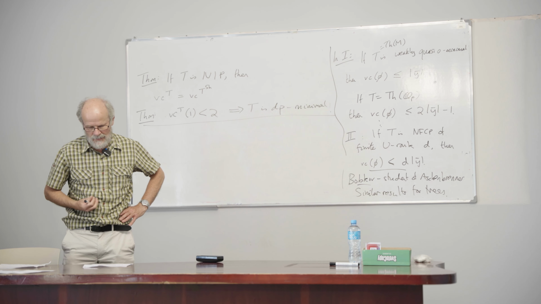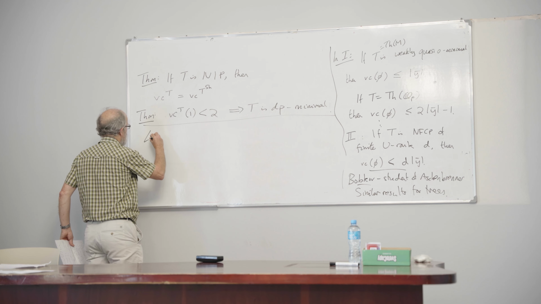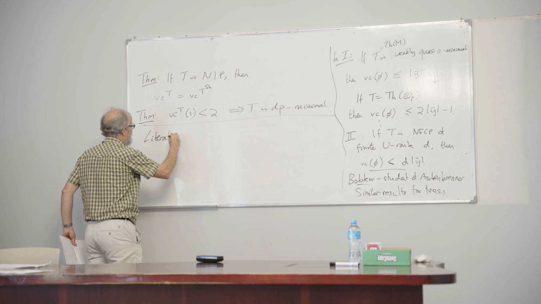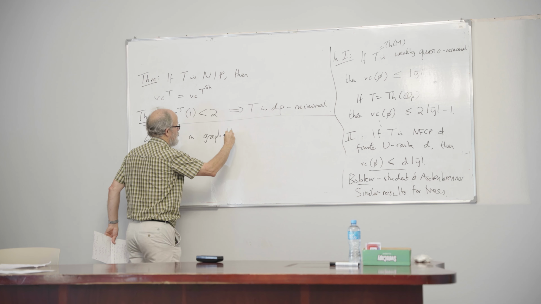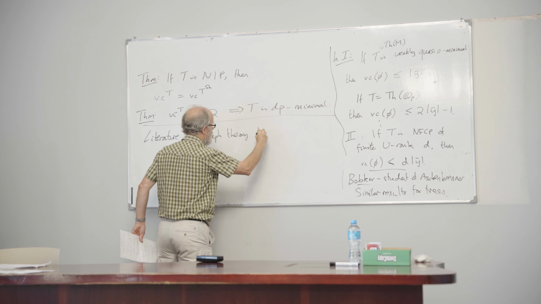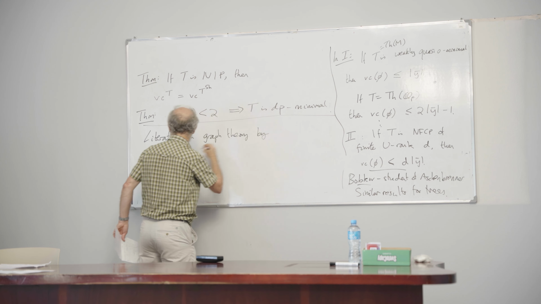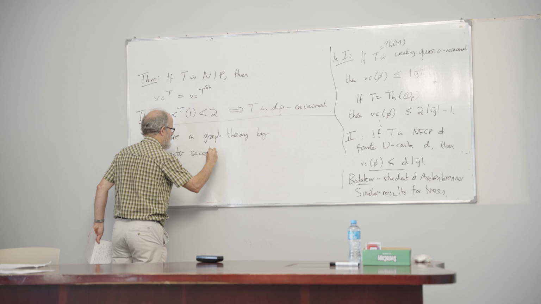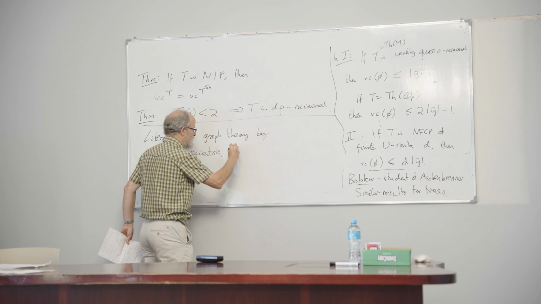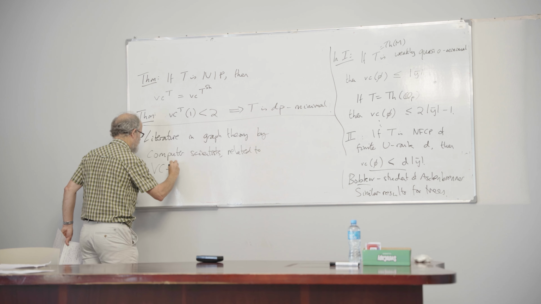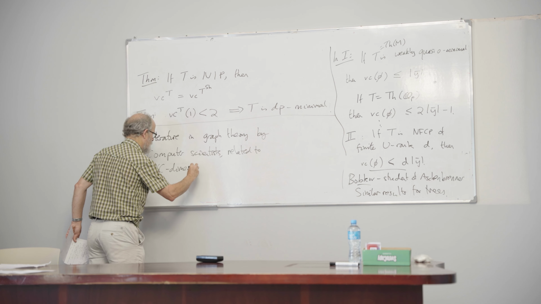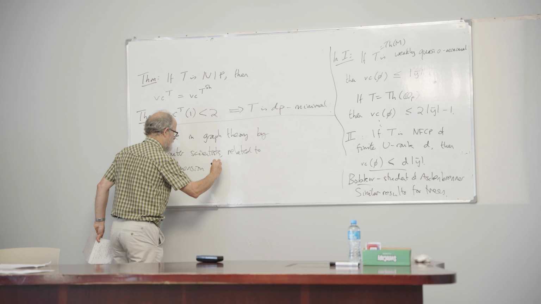So there's quite a literature in, say, graph theory by computer scientists related to VC dimension and VC density.